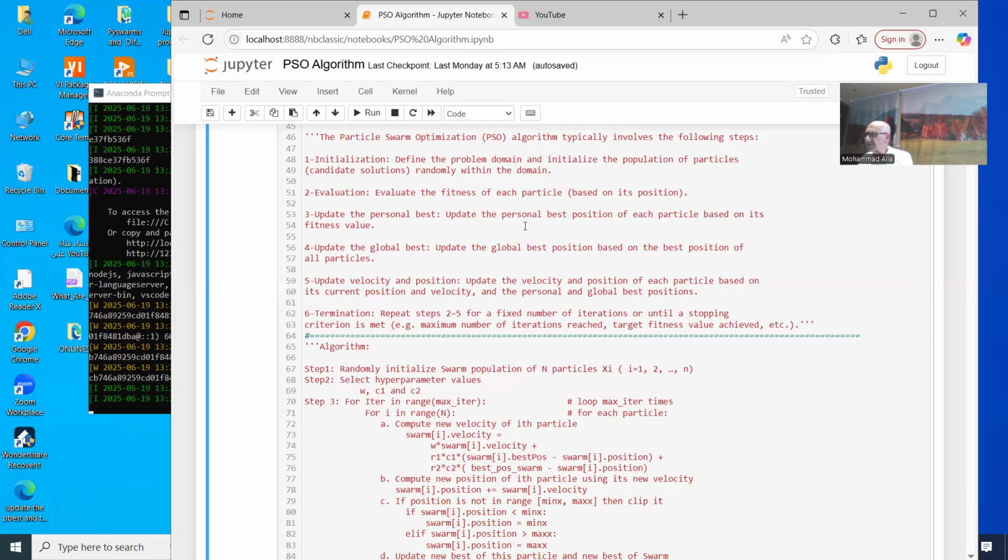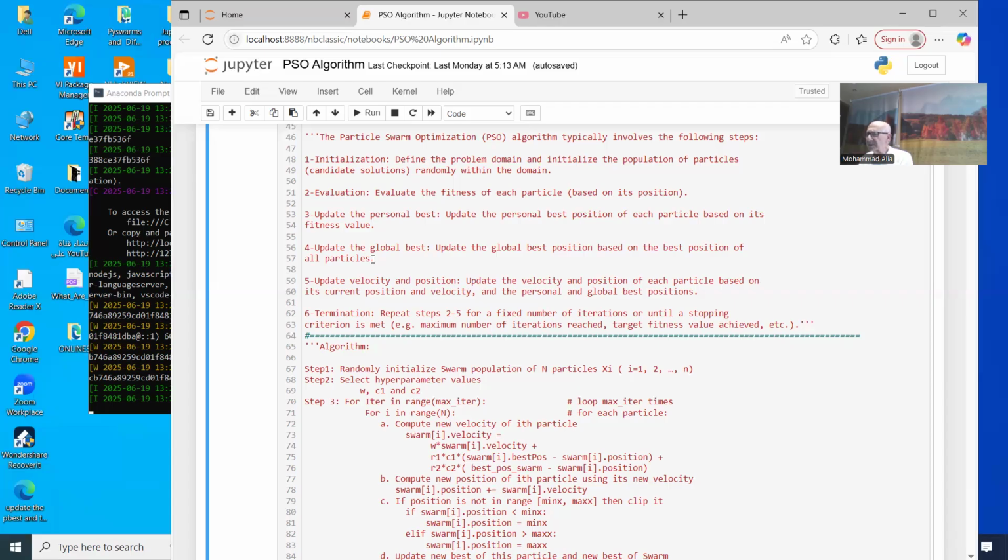So we update the personal best position for each particle, based on its fitness value, and also the personal best fitness.